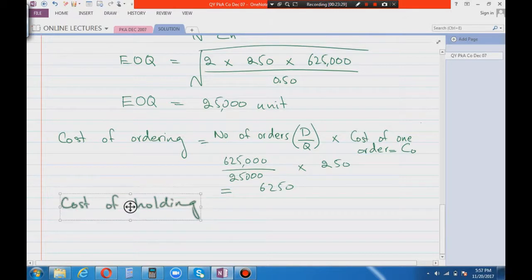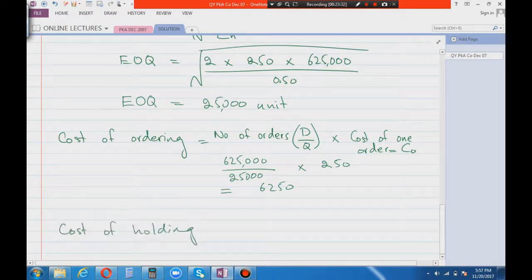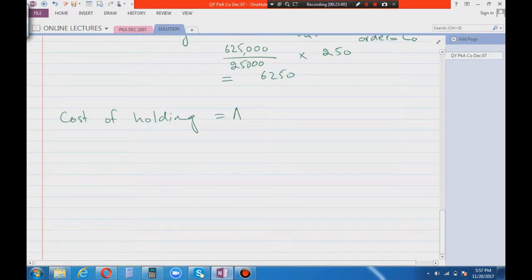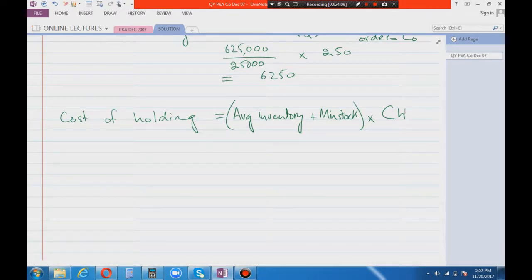And then the cost of holding, same formula would be used, average inventory plus minimum stock multiplied by cost of holding one unit for 1 year. Sometimes the student asks why we should add minimum stock in the formula, because this is the level of inventory that is not going to change.